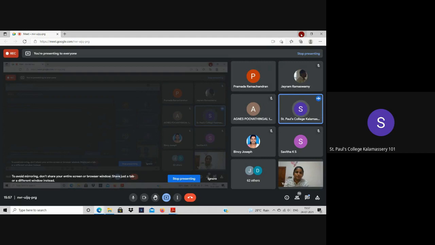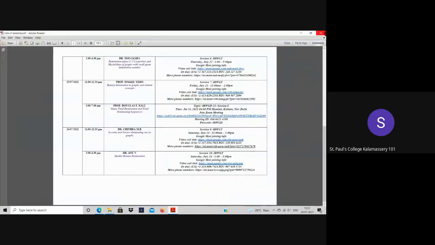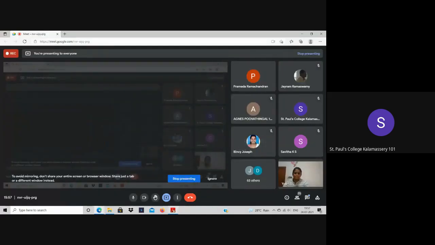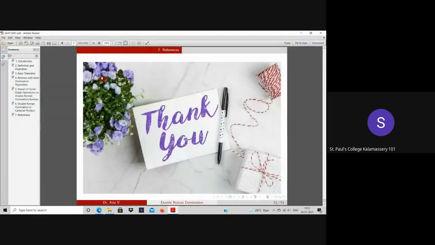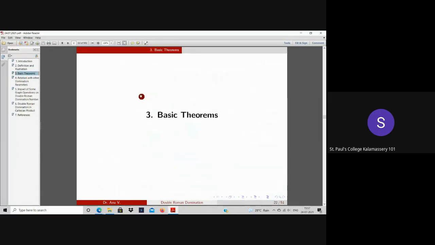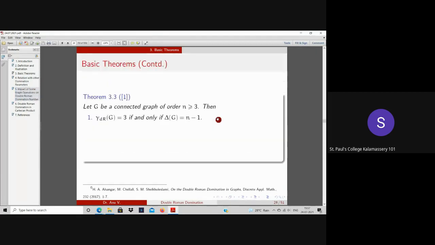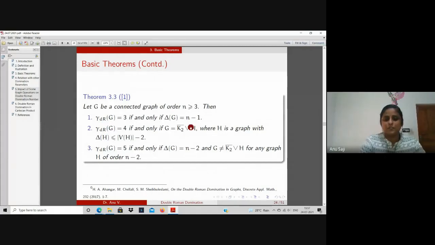Can you please show that slide once more? At this point, characterizations are available only for graphs with gamma DRG equal to 3, 4, and 5.